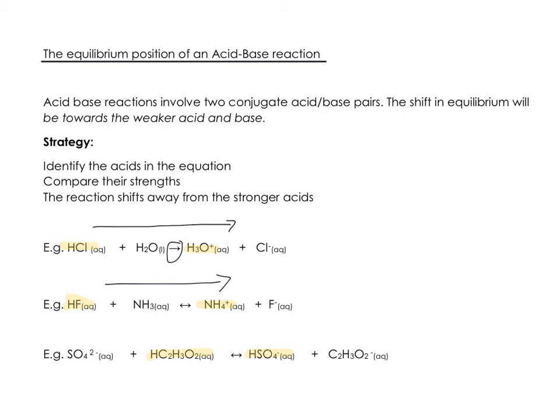So if you can pair acetic acid, hydrogen sulfate is actually a stronger acid. So in this case, the equilibrium lies to the left, so it will shift to the left. So you will have more sulfate and acetic acid at equilibrium than hydrogen sulfate and acetate ions.